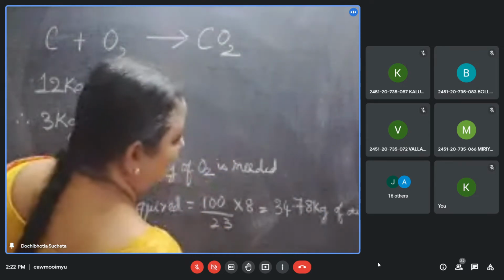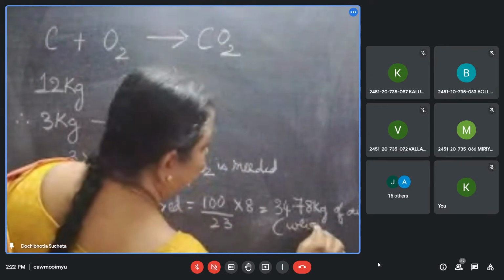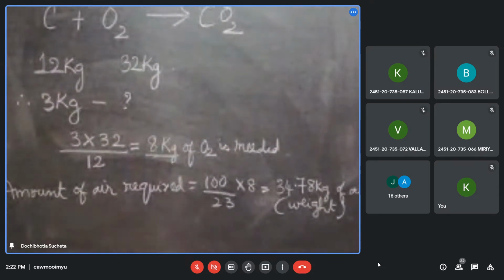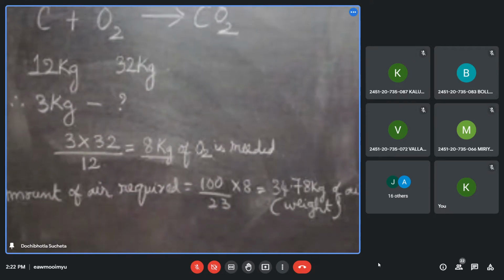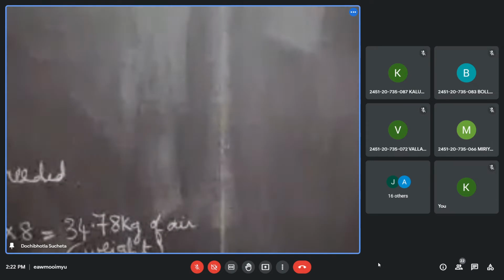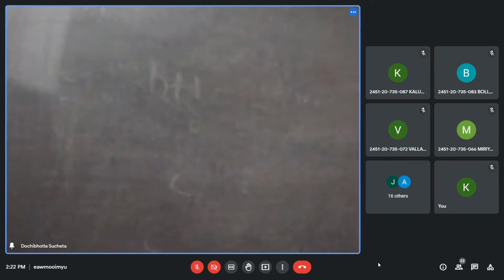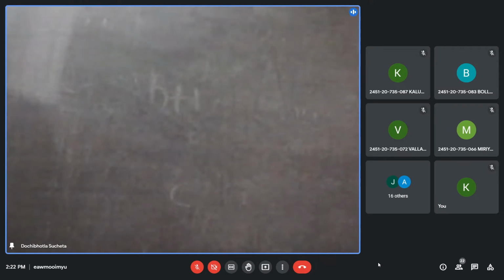Because it is kgs, it is weight. That's the amount of air required by weight. Okay? Easy. Next, for volume calculation. For calculation of the amount of air required by volume.